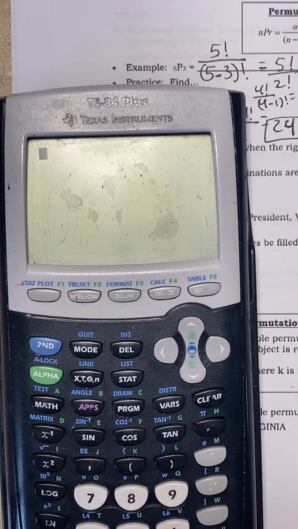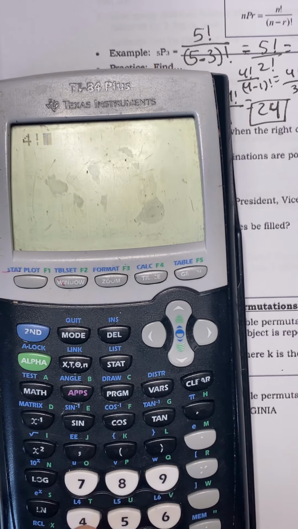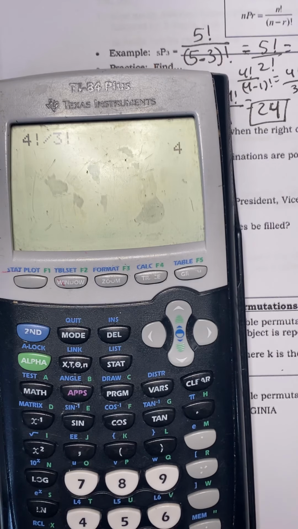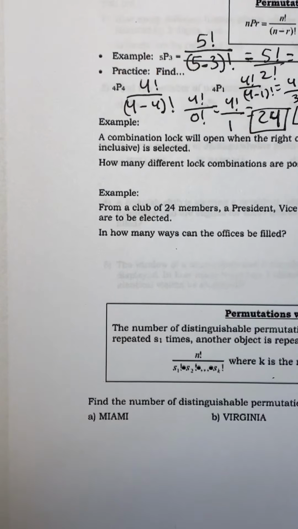And watch what happens. 4 factorial over 3 factorial, which gives you 4. And the reason why this is kind of duh, it makes sense, is because you have 4 options and you're only choosing 1. So that means you obviously only have 4 different choices to choose from. So that's why that one's kind of a common sense type one.